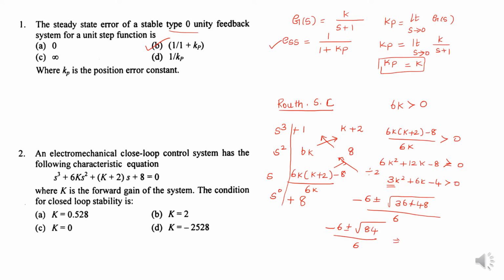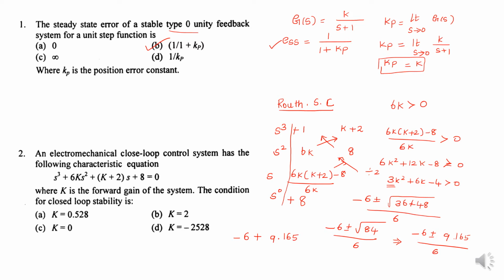So that is minus 6 plus or minus 9.165, the whole divided by 6. One answer is positive and the next one is negative. We have to take the positive one only, so that will be the correct answer.